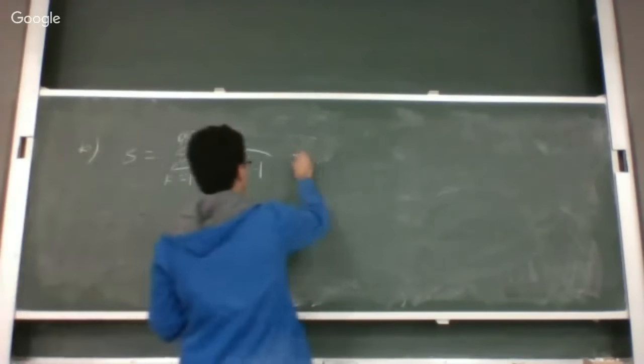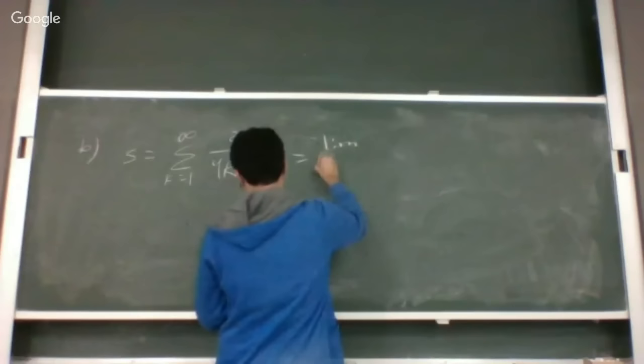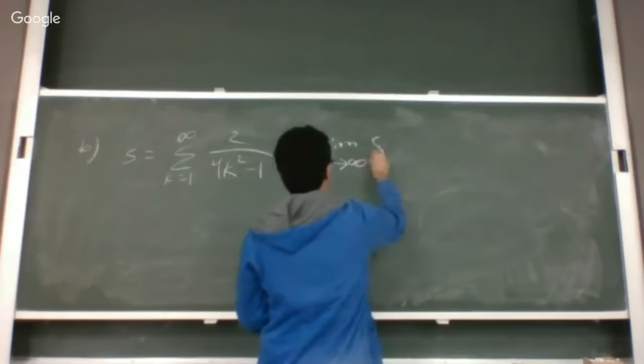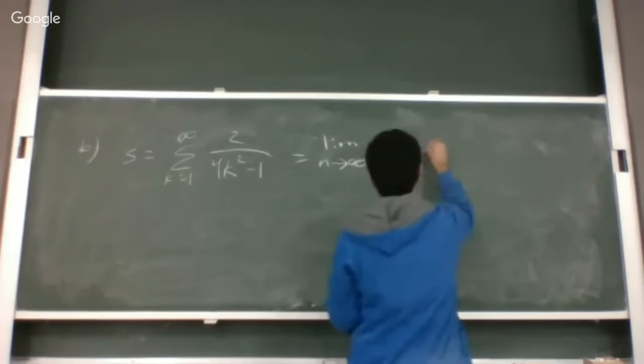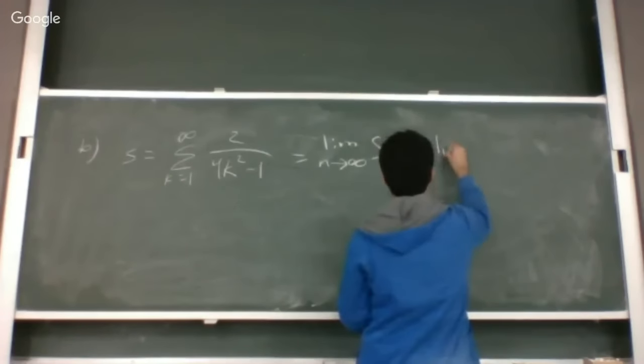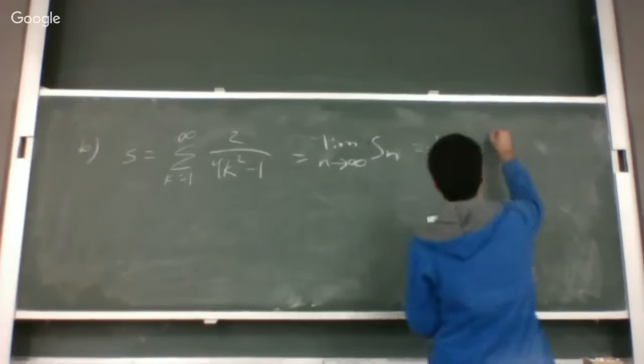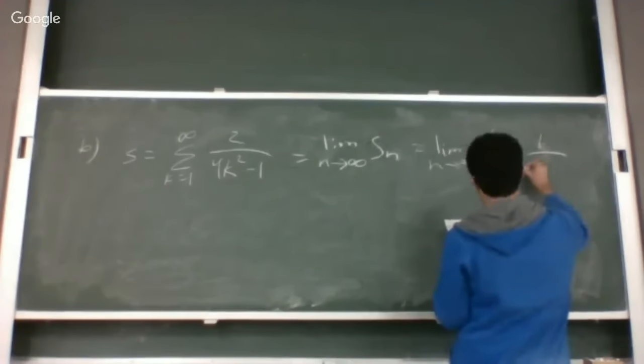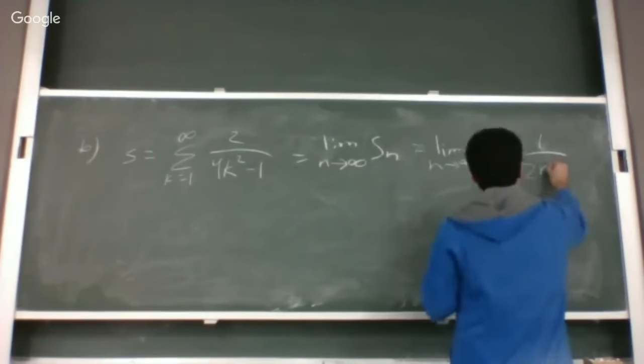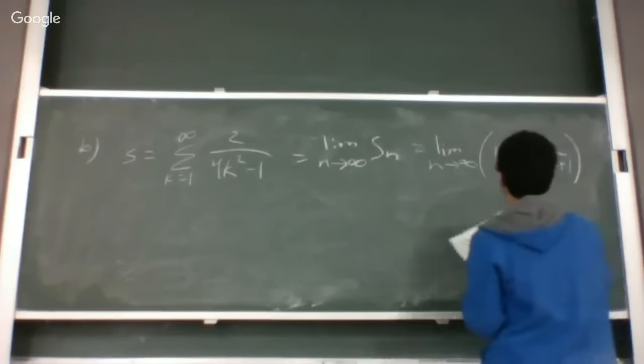And that's equal to, we can say, the limit as n approaches infinity of S sub n, equal to the limit as n approaches infinity of 1 minus 1 over 2n plus 1, and that's equal to 1.